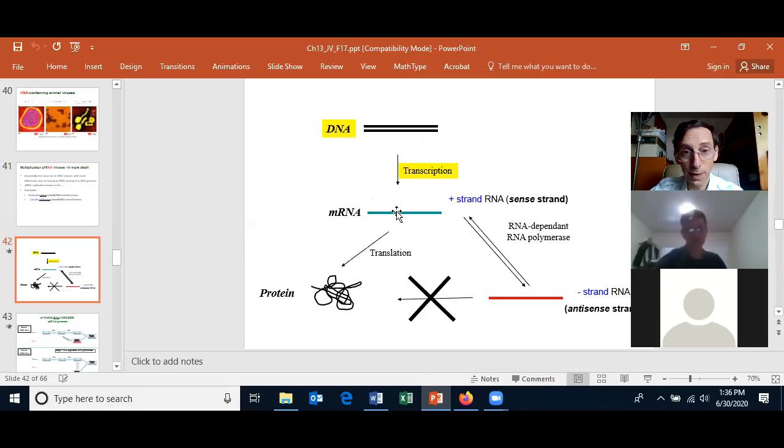One copy will be made as a viral messenger RNA and then sent to the cytoplasm to be made into protein, and the single-stranded RNA makes the other copy to make more of your genome, and then only the positive strand RNA is used as messenger RNA to be translated into protein.